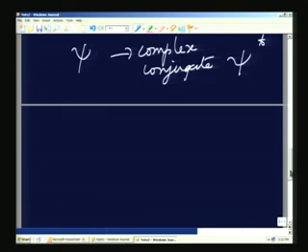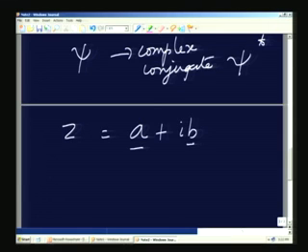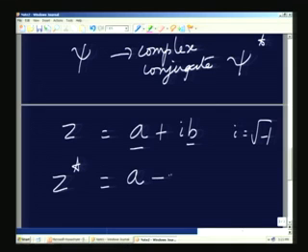If a complex number z is written as A plus iB, where A is real, B is real and i is the square root of minus 1, you know what is z star? z star is A minus iB, that is, wherever you have i, you replace i by minus i to get the complex conjugate.